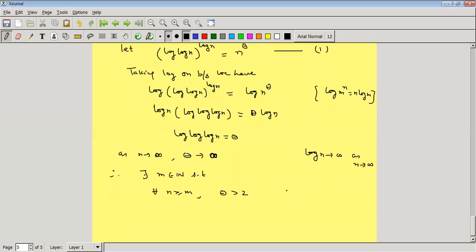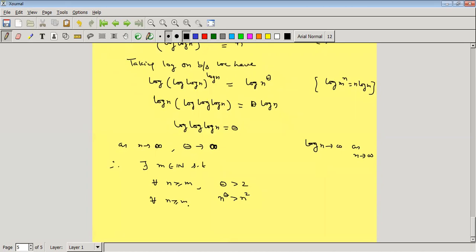Theta must be greater than 2 because log is an increasing function. So we find a positive number m such that for all n greater than or equal to m, theta must be greater than 2. So if theta is greater than 2, then n^theta is also greater than n^2 for all n greater than or equal to m.